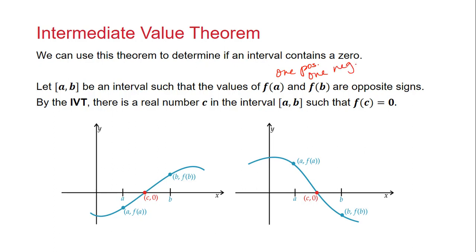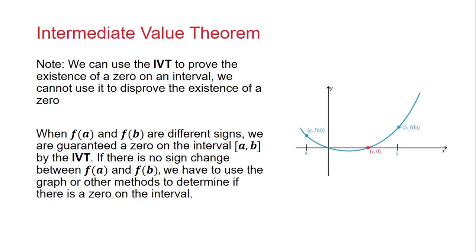Then by the intermediate value theorem, there is a real number c in the interval a to b such that f of c is equal to 0. Right? So 0 is between any positive and negative number. And so there's got to be some value of x that corresponds to that y value of 0.